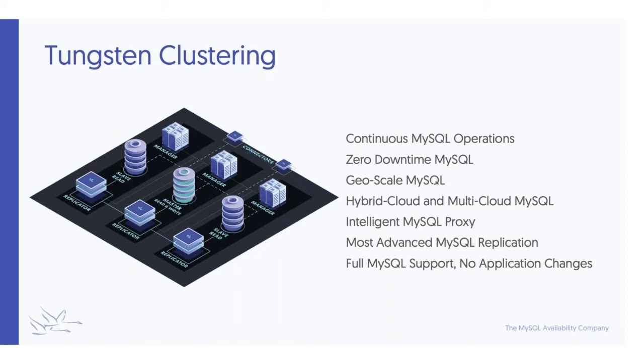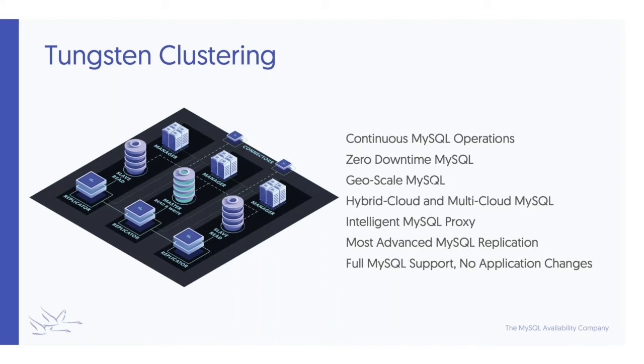We can do zero downtime maintenance. We've got replication happening within the cluster, and replication changes roles as the database nodes change roles. And we support MySQL any version, as well as MariaDB, as well as Percona, and you can mix and match versions as you wish. You're not tied to a single version.